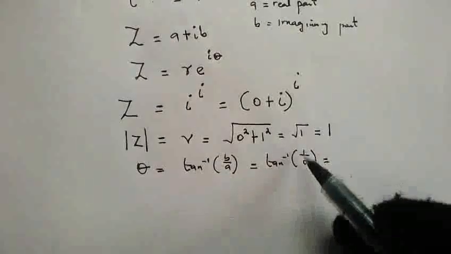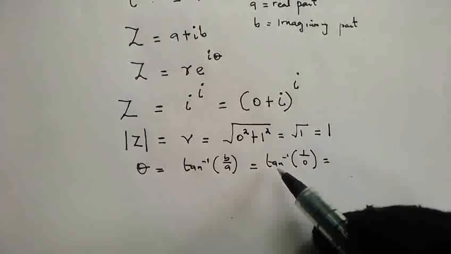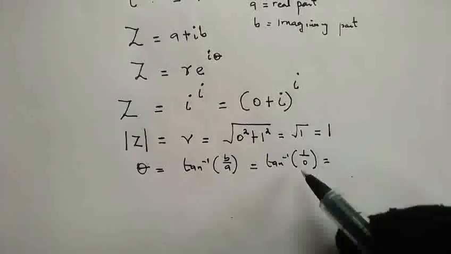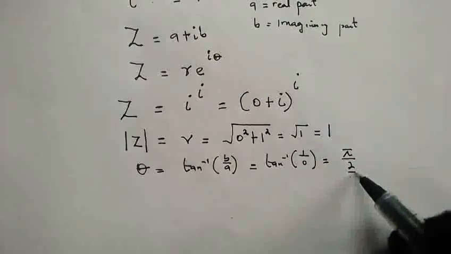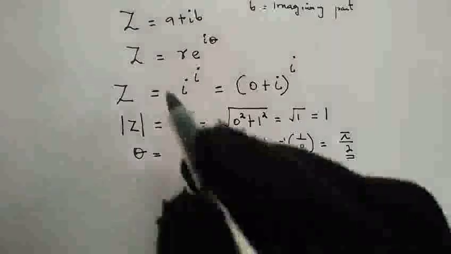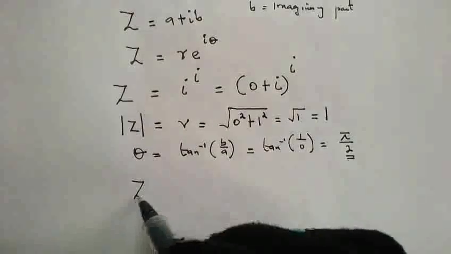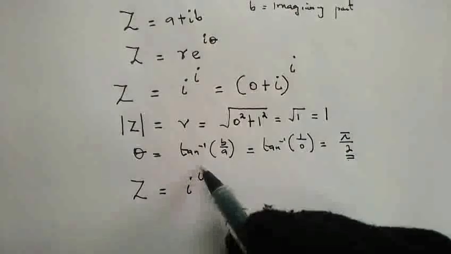So 1 all over 0 is approaching infinity. And we know that the tan inverse of infinity in radians is pi all over 2.